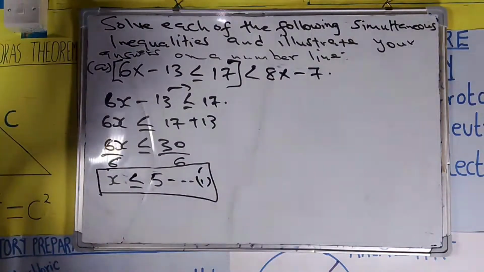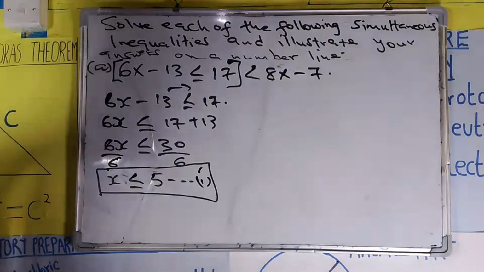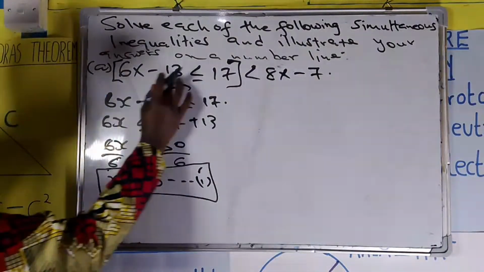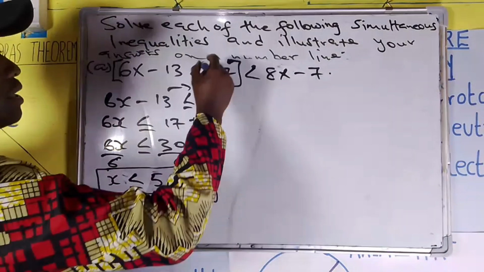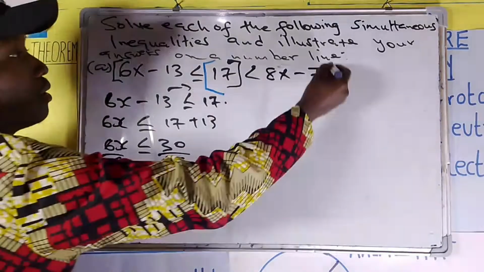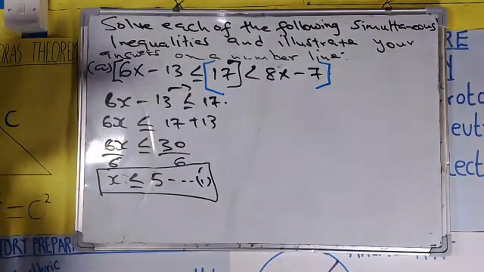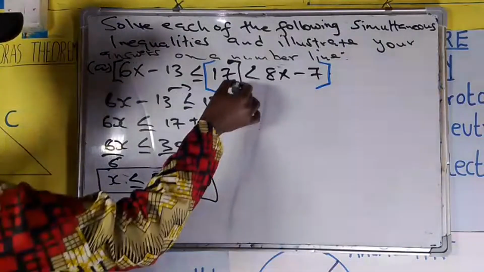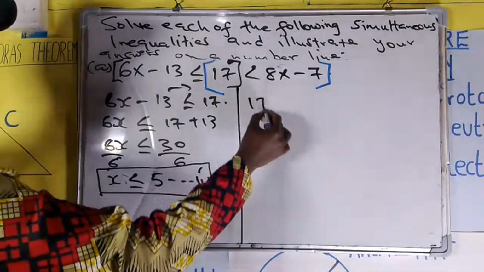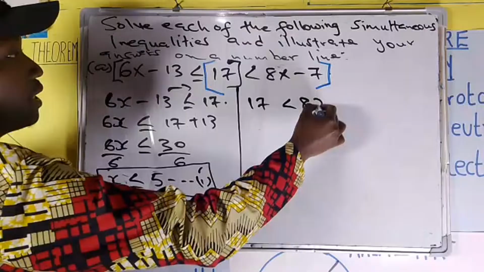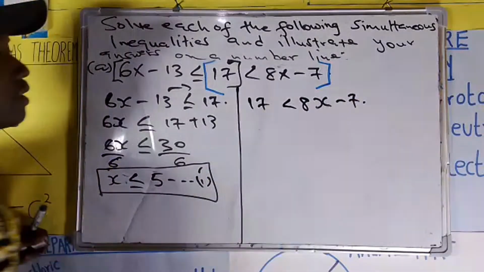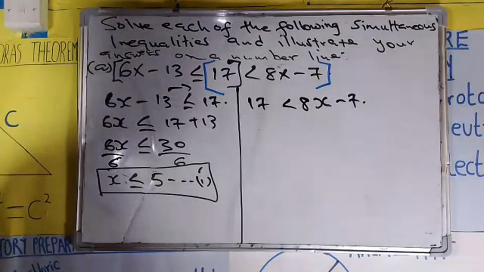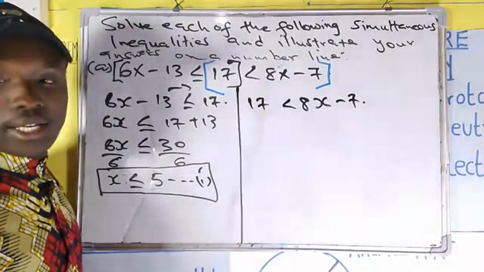Ukipata ya kwanza, ya pili tunasolve aje? Si tulichukua ya kwanza na ya pili, so hii tunachukua za mwisho mbili. Tutachukua 17 is less than 8x minus 7.